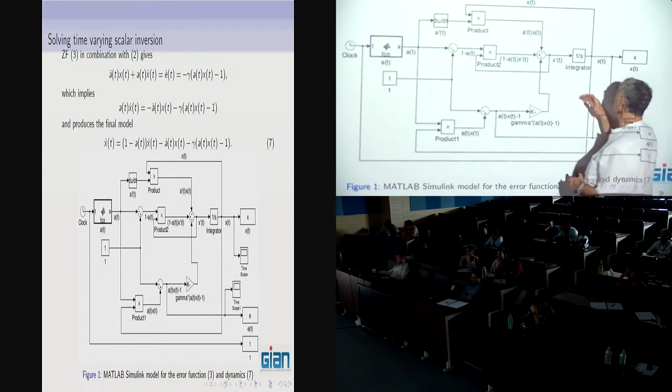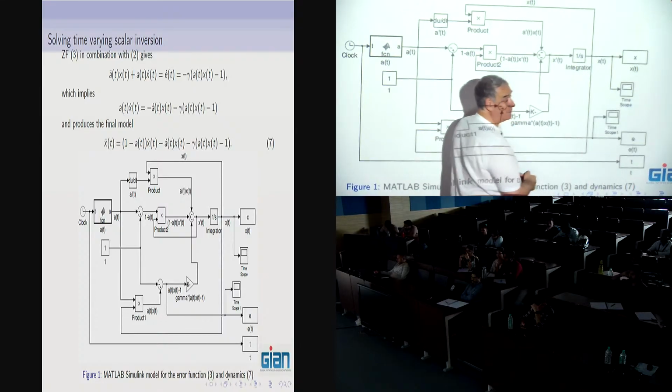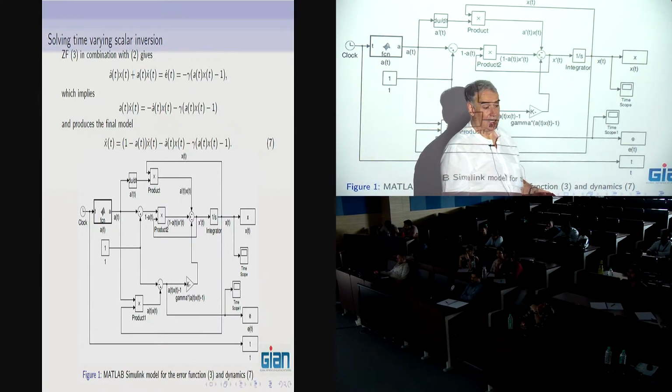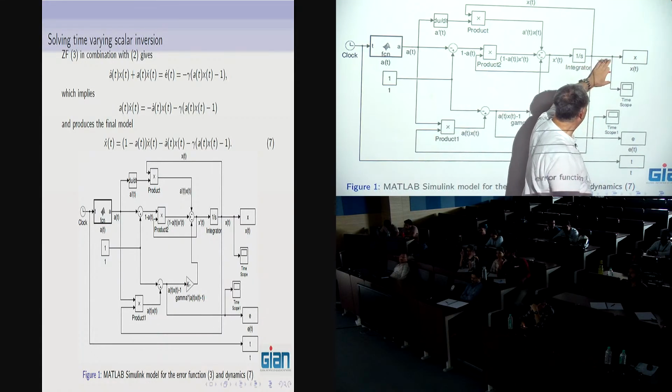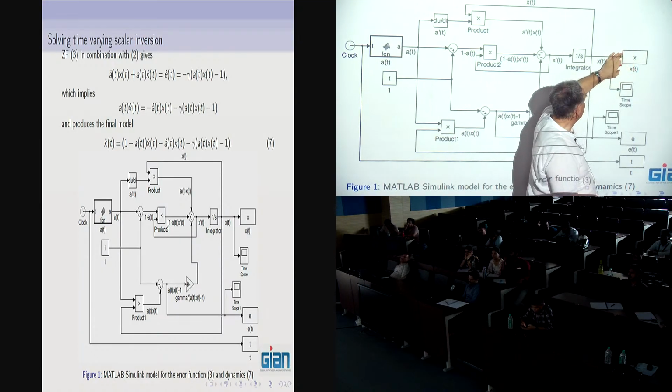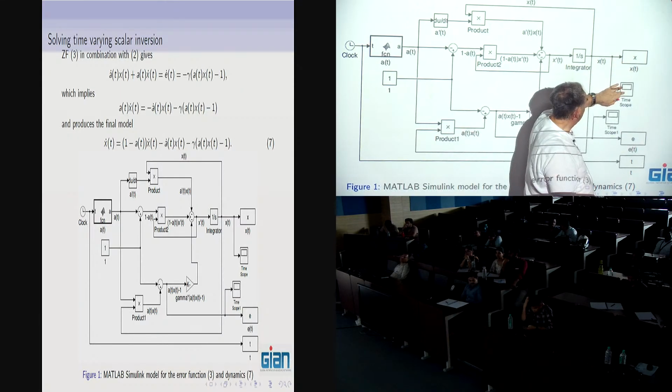After integration, it will be transformed into x. And again, the same story. We can go back to another time instant in case the time interval is not finished. When the time interval is finished, we can put the current value of x of t into the workspace, or make plots of x of t.